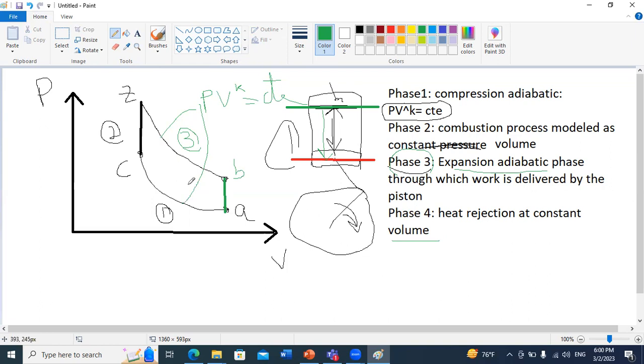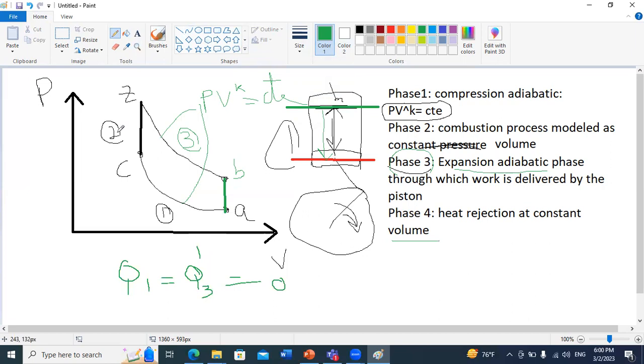To start with, from A to C, as we said, it's an adiabatic process. When we say adiabatic, Q is 0. So you can automatically say that Q of phase 1 equals Q in phase 3 equals 0. There is no heat exchange during these two phases.